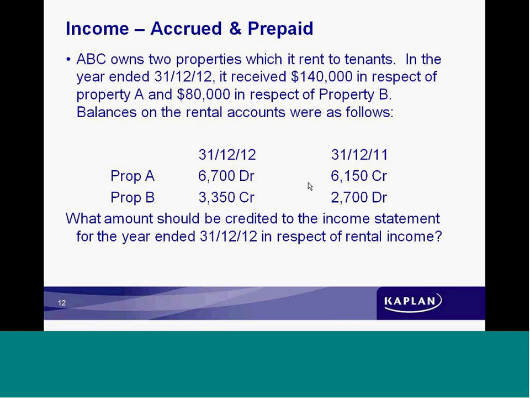Okay, so it's quite difficult technically, and it's something I'd expect you to see within your ACCA and CIMA or your AAT exam. Then what will be the charge to the income statement, but we need to take into account first the brought down balances, so your previous year's balances.